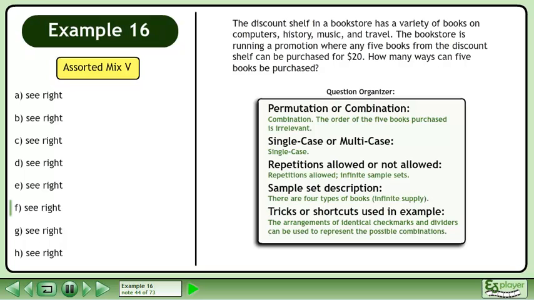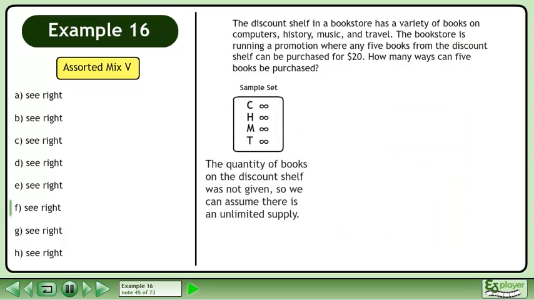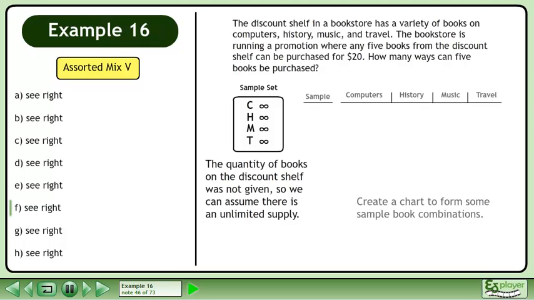Pause the video and organize the information about this question. The quantity of books on the discount shelf was not given, so we can assume there is an unlimited supply. Create a chart to form some sample book combinations.